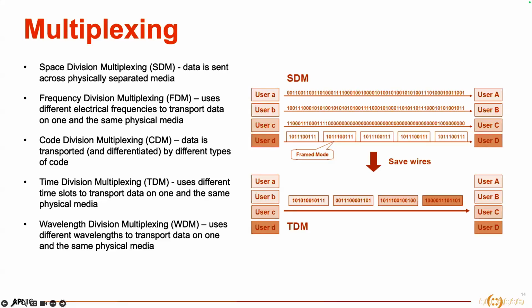Then we come to the idea of frequency division multiplexing, where all the data are transmitted at different frequencies over one single channel, or one physical channel, or one optical fiber, right?